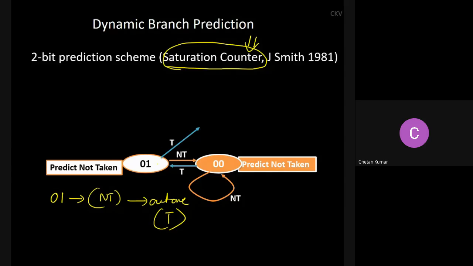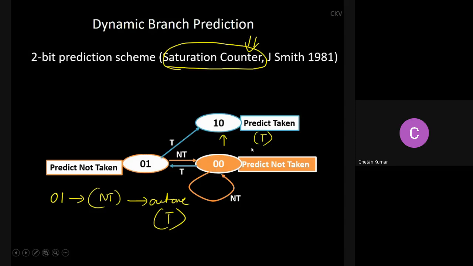Once you find that the branch outcome is different, meaning your prediction was wrong when you are in this state, that tells you that the prediction is wrong twice. Once the prediction is wrong twice, I'll go to another state. I'll name it 1, 0, and here I'll start predicting that the branch will be taken.